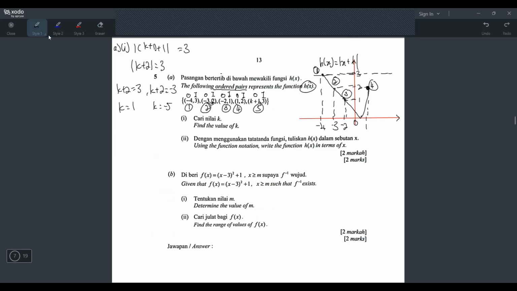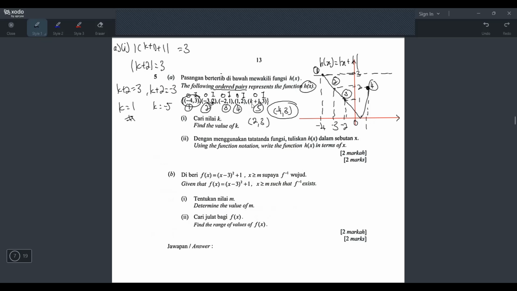So which one is the answer? Okay, if k equals 1, this point will become 1 plus 1, which is 2, 3, right? But if k is -5, then this point becomes -5 plus 1, which is -4, 3. But if you look at -4, 3, isn't it the same as this point? So definitely the k must be 1, right?